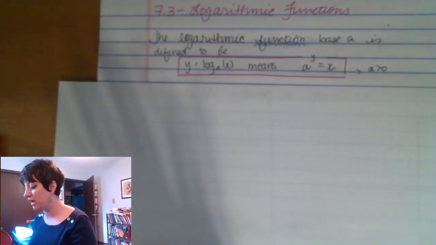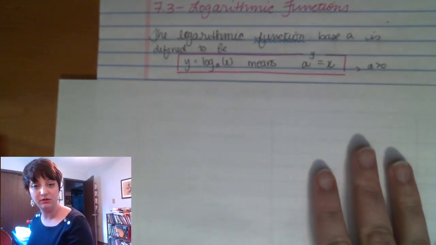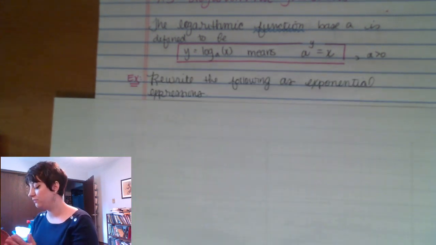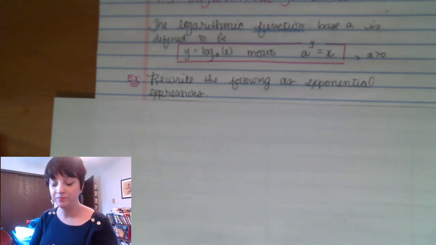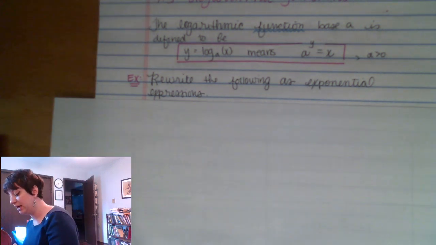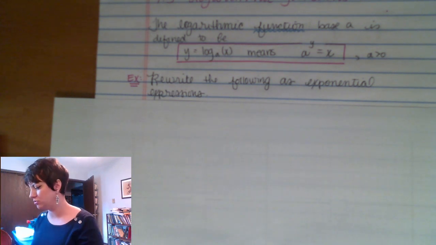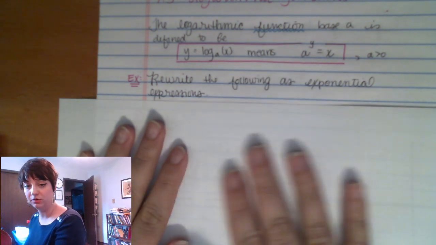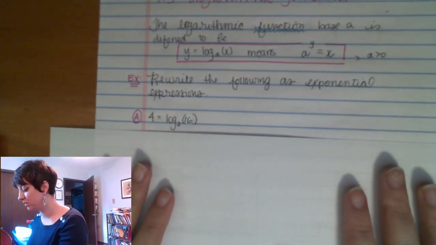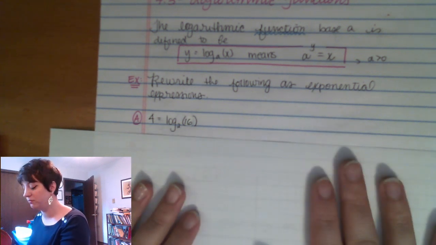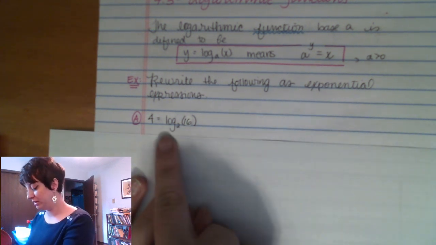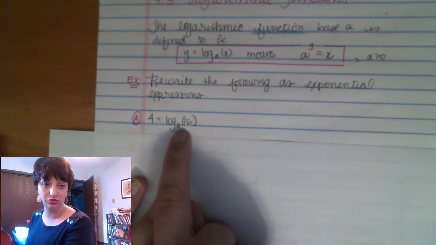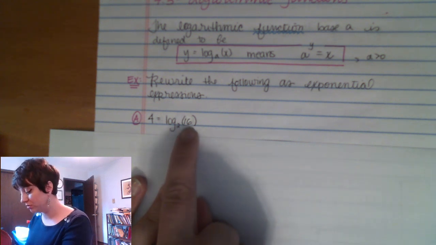I have a set of examples that I want to do so we can get more comfortable with logarithms. First, let's rewrite logs as exponentials. I don't know if they make you do this in the homework at all, but I think it's a good thing to do. I'm going to start with a logarithm and rewrite it as an exponential expression. The first is 4 equals log base 2 of 16. That means I'm working with the logarithm machine that works with 2, and into it I plug the number 16.